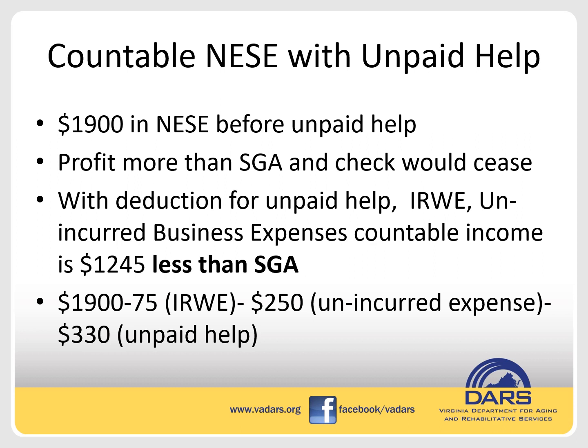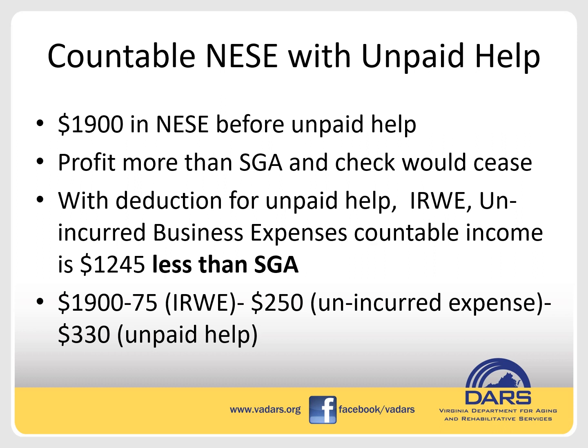Okay. So what we said before was even with the unincurred business expenses and even with the IRWs that she had, her countable income was still more than SGA, meaning she would not be entitled to the benefits she received, and maybe she would have an overpayment. But when you add in the value of the unpaid help she also gets from mom, that's going to drastically change her situation. So what Social Security is going to do is they're going to take her gross profits of $1,900 a month.